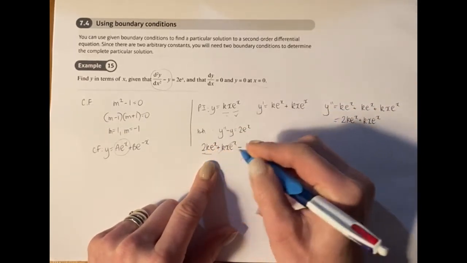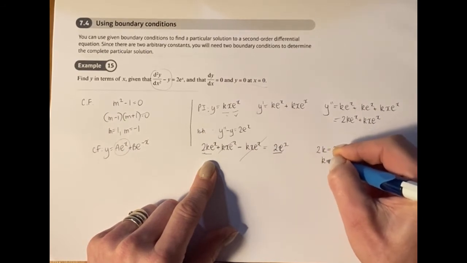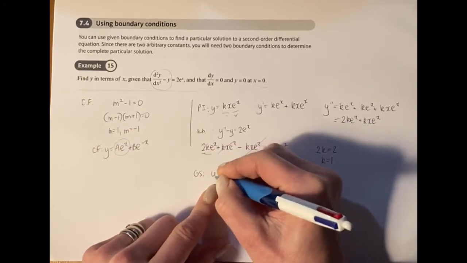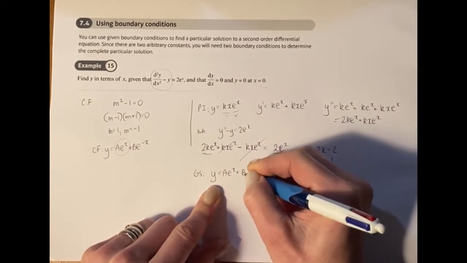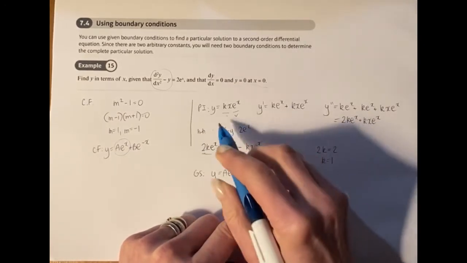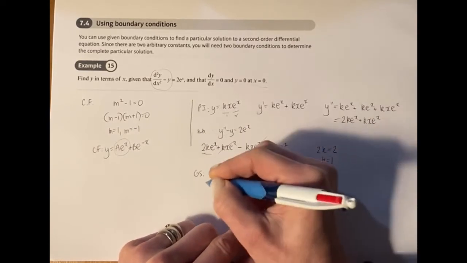So we've got 2k is equal to 2, giving us k is equal to 1. So the general solution will take the following form: a e to the power of x plus b e to the power of minus x, and then we have 1 lot of the particular integral, so 1 times x e to the power of x.